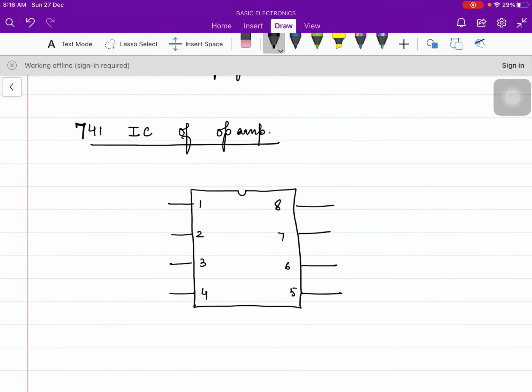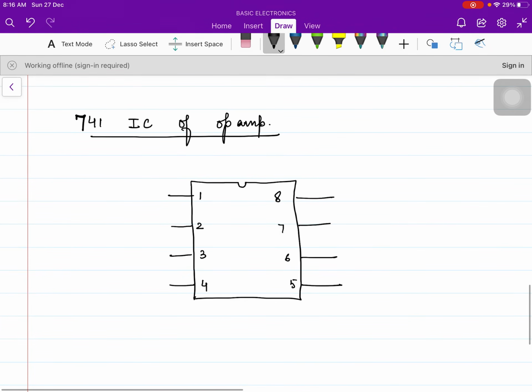So let us see what the specifications are for each pin number. The first pin is offset null. The second pin is connected to the inverting input. That means any voltage which has to be applied at the inverting input has to be applied at pin number 2.